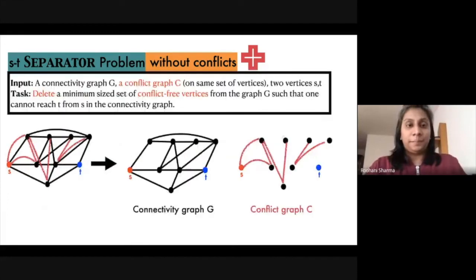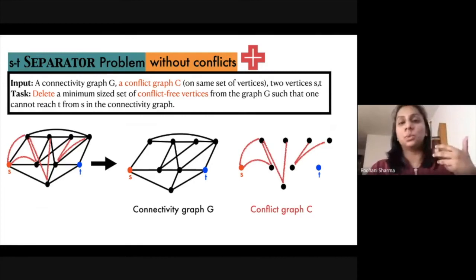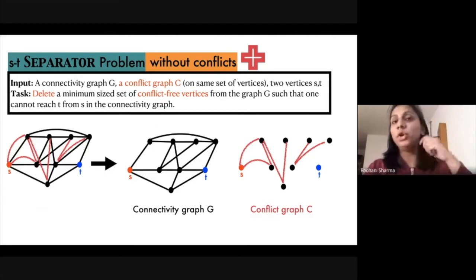Before that, just a formal definition of the problem: one can imagine being given two graphs. One is the black graph, which is the connectivity graph, and one is the pink graph, which is the conflict graph on the same set of vertices. The goal is to delete a minimum number of vertices whose removal in the black graph disconnects S from T, and which in the pink graph have no pink edge between them.